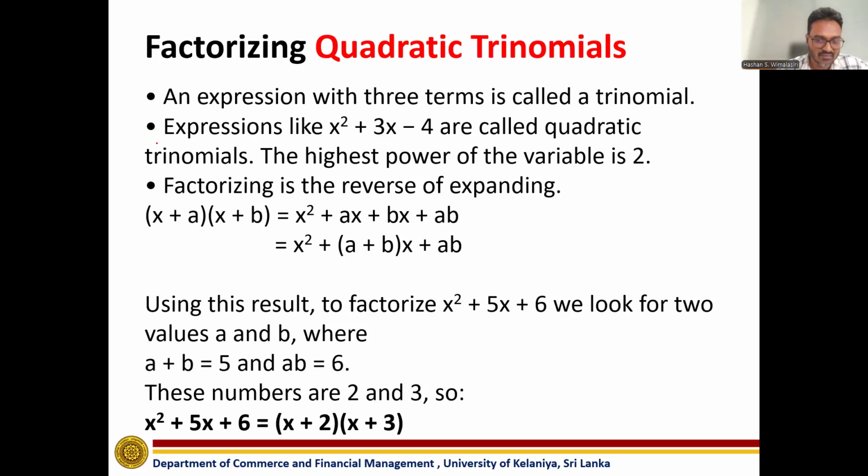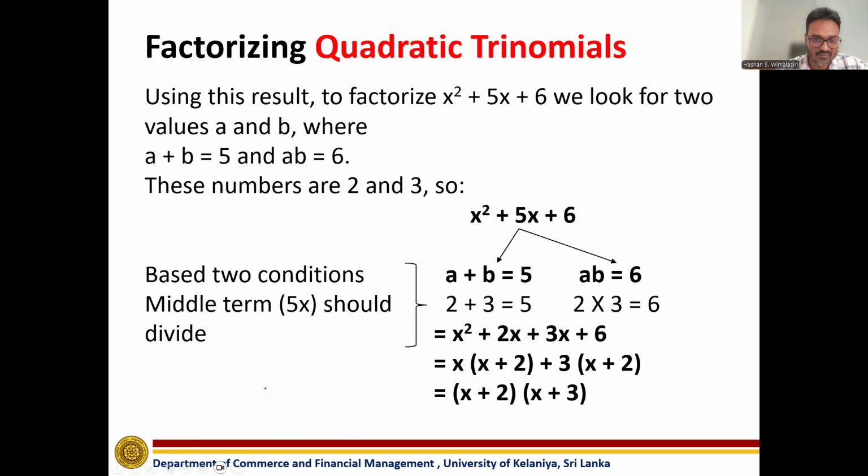For quadratic trinomials, if there is a power, when you are having this one, you need to separate this into two pieces. In here, 5x: if you add these two, you need to get 5 as the answer, and if you multiply them, you need to get 6.